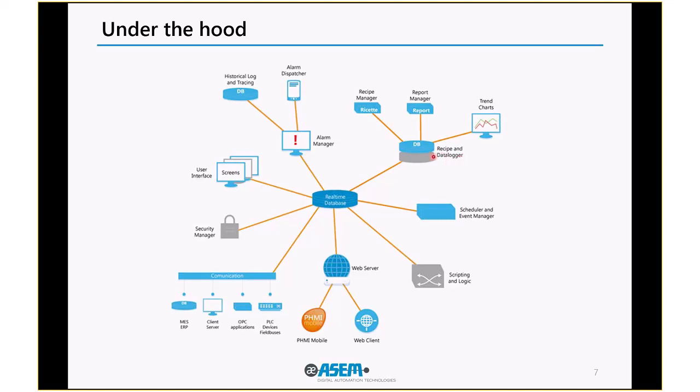The recipe data logger module is the one getting data from real time and archiving data somewhere. The same goes for alarm management. Alarms are read from the real-time database, and if you want to make a history, they are logged into the historical database. So the message is that everything goes around a real-time database, which is maintained and updated by the communication protocols reading information from the field.